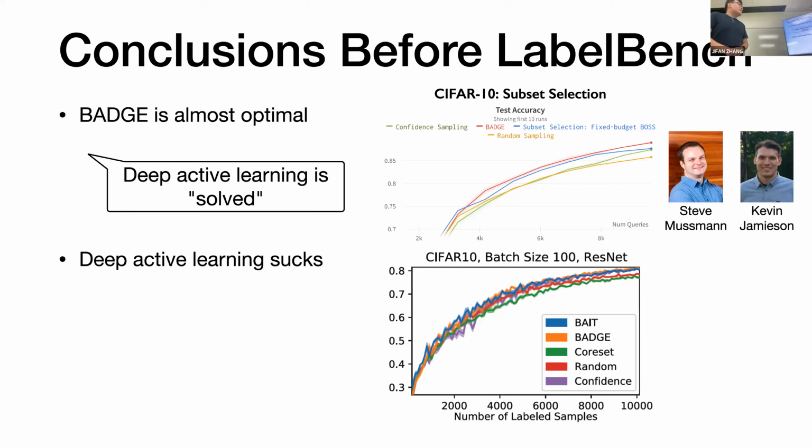We ran that with a modified version of the state-of-the-art subset selection algorithm, and it's worse than Badge. Badge doesn't know the ground truth labels. This fixed budget curve, the blue curve, knows about them, and Badge is better. So we were like, under this setting, Badge is basically optimal. And also, it really sucks. It just saves 20% of the labels. Why even study it?